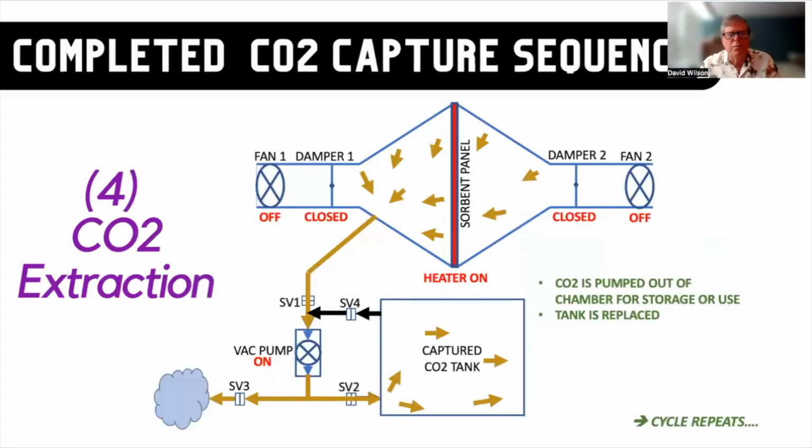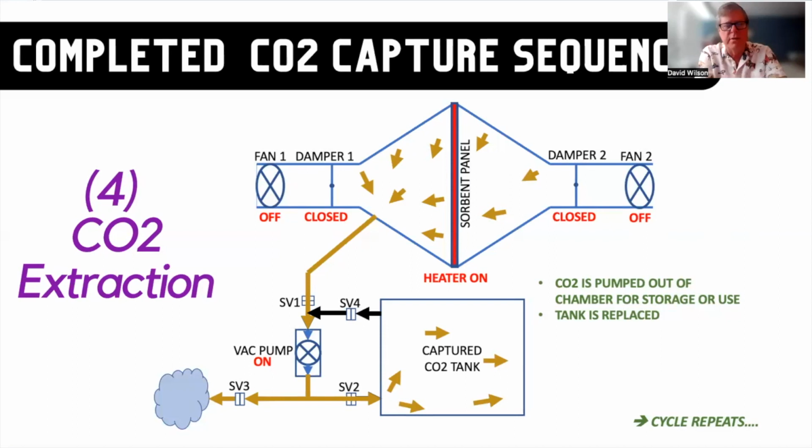So back to our cartoon pictures here. We'll start pumping CO2 from the chamber in the fourth phase, which is the CO2 extraction, and the CO2 will be released from the sorbent panel that JP just showed, and it'll get pumped into a tank where we can capture it, measure it, figure out what to do with it.